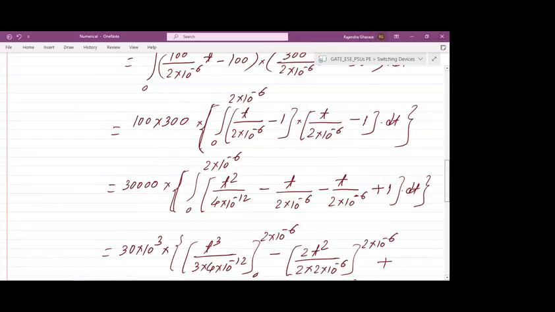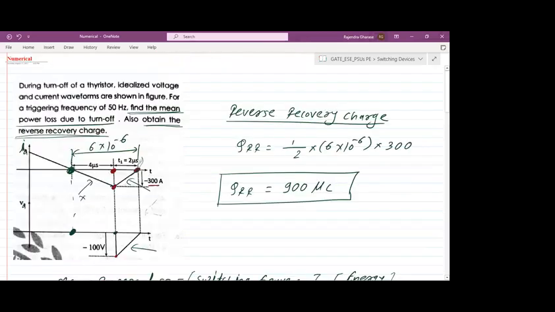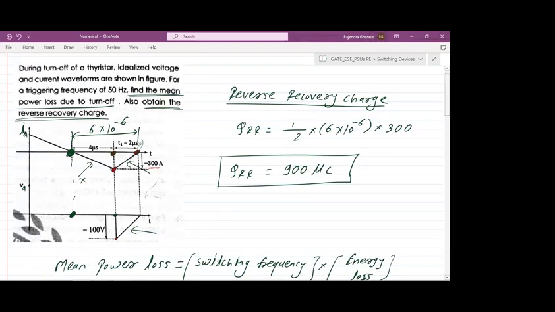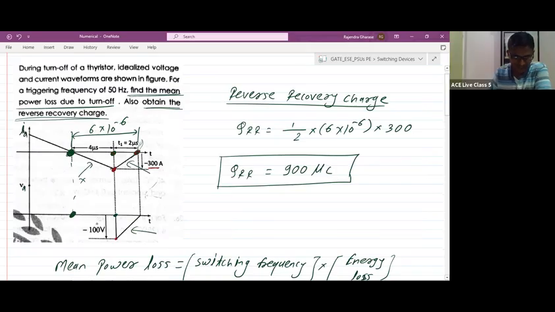Sir, actually turn off is initiated from the starting itself. So why are we not considering the positive portion of this I_A above that, before the 4 microseconds? Because the reverse recovery charge is there.